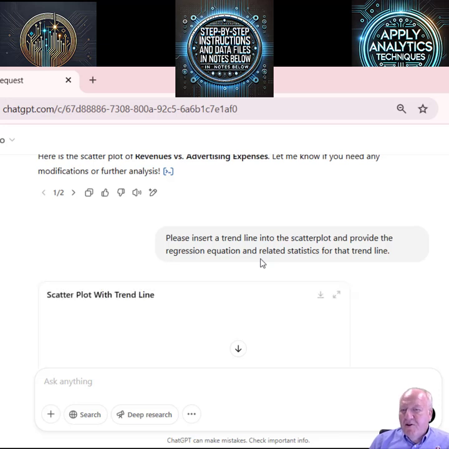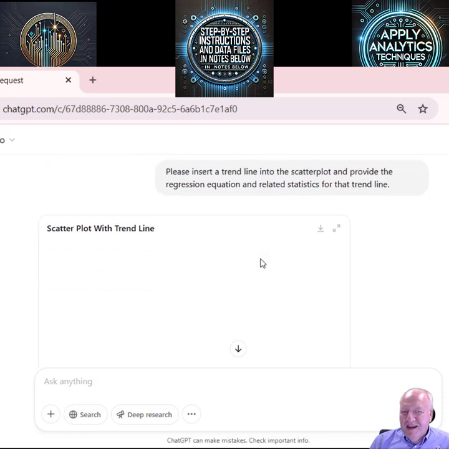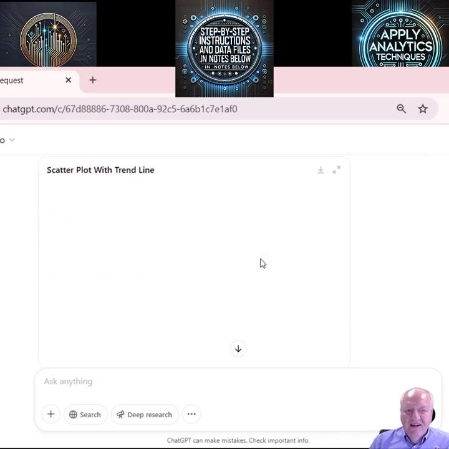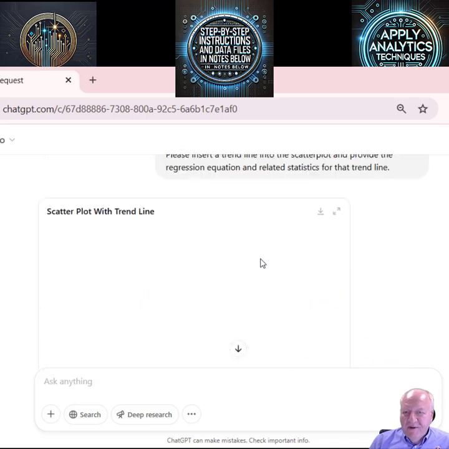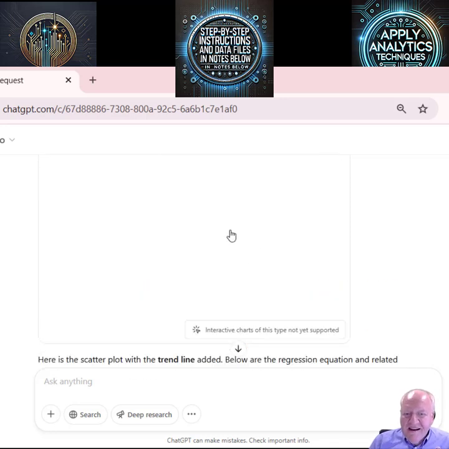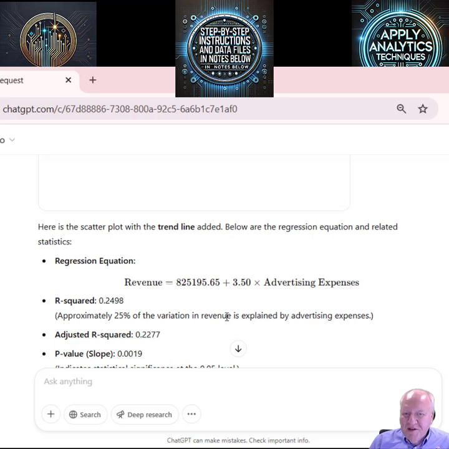So it's performing a regression. We're not going to use regression to the nth detail here as we could. But hopefully it will give us a trend line, and we can also see the regression equation: you multiply $3.5 times each dollar of advertising expense, so in other words, the multiplier is 3.5.